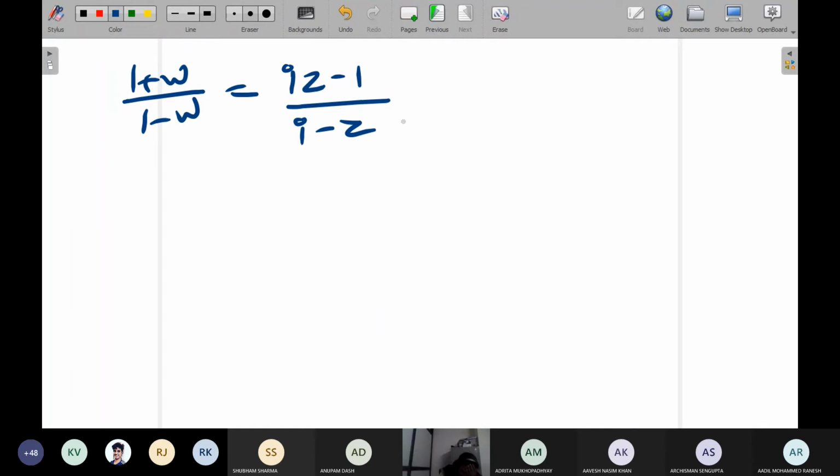What is the advantage if you multiply? There is no advantage in multiplying this. Fine. Next one, we will apply componendo dividendo rule.